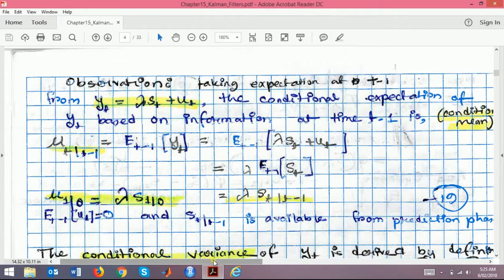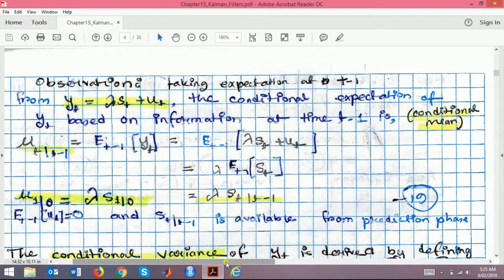Observation. So let's take the observation at time t minus 1 from the state equation, the measurement equation, y equals lambda st plus ut.